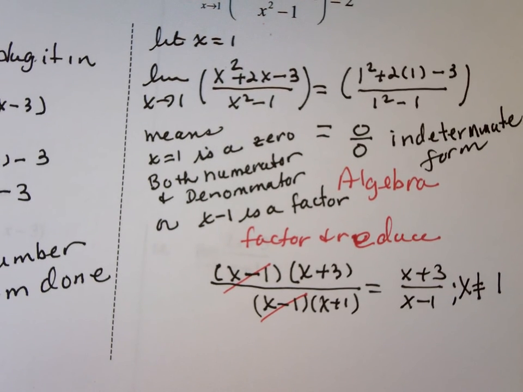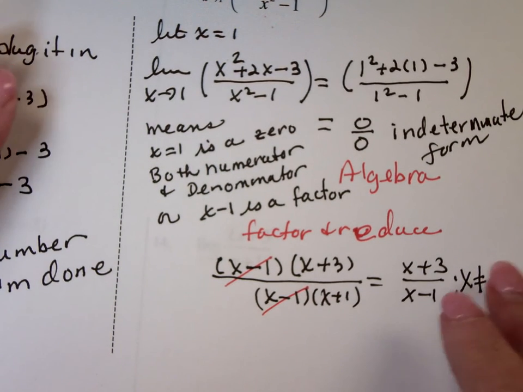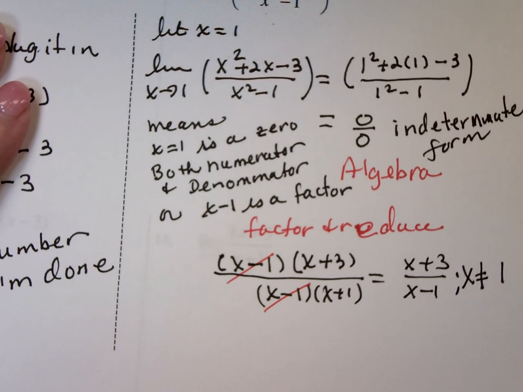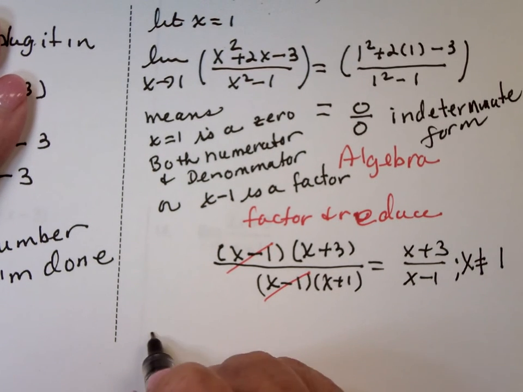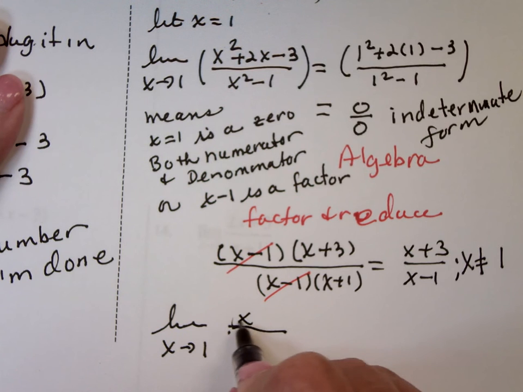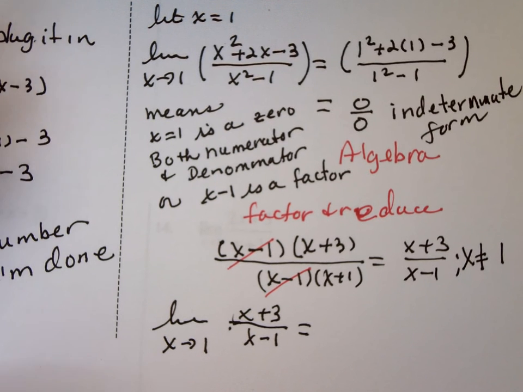And you say, well, why not? Because I have removed the problem. So now I look at the limit as x approaches 1 of x plus 3 over x plus 1, and just plug it in. What it's going to give me is the y value at the hole.